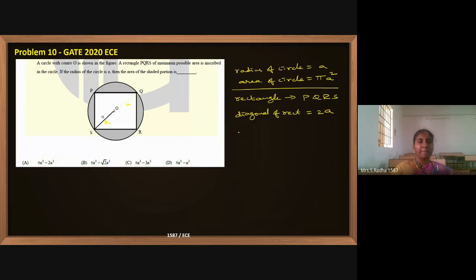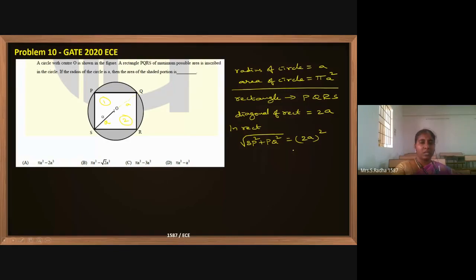Now in the rectangle, if you consider the right angle triangle, the square root of SP square plus PQ square is nothing but the diagonal, 2A. The square of the sides is nothing but the square of the hypotenuse.